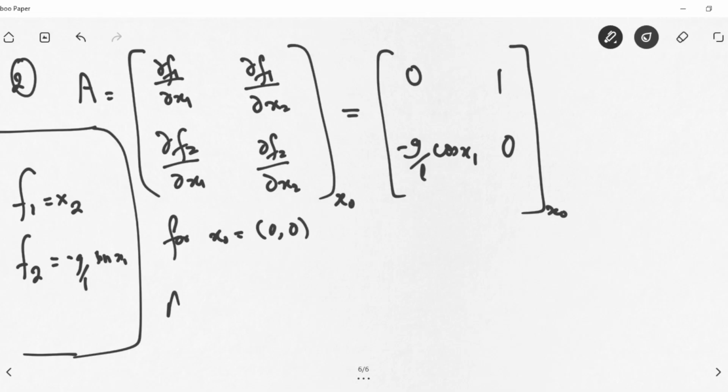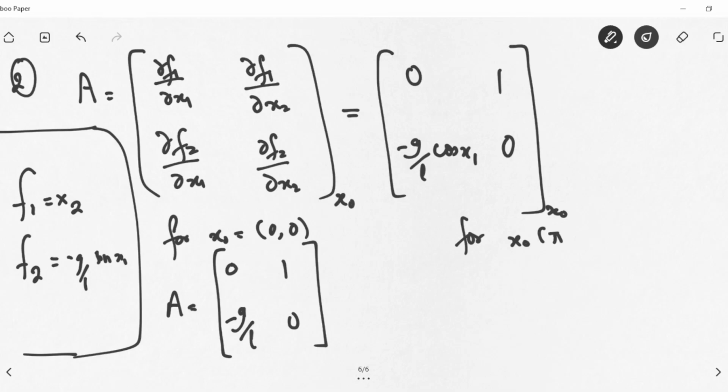the A matrix will be equal to 0 1, minus g by L cos of 0, 0. Cos of 0 is 1, so it's minus g by L. And for x naught equal to pi 0, the A matrix will come out to be 0 1, minus g by L cos of pi, 0.